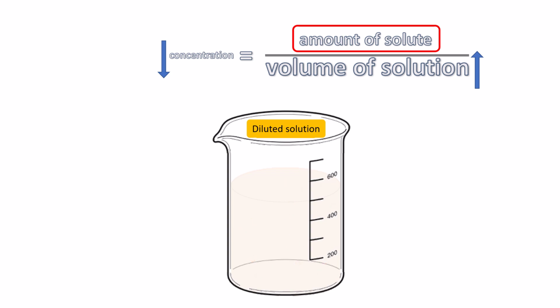This visual nicely defines the concept of dilution. Dilution is the process by which concentration is decreased by increasing the volume of a solution while maintaining a constant amount of solute.